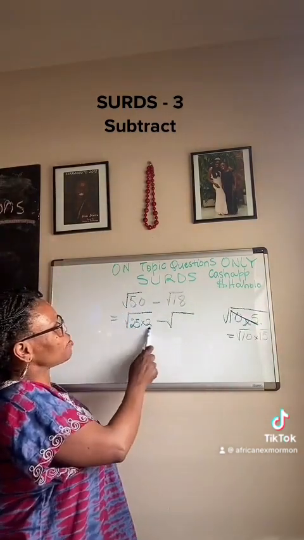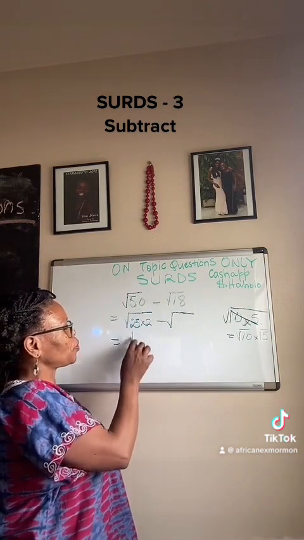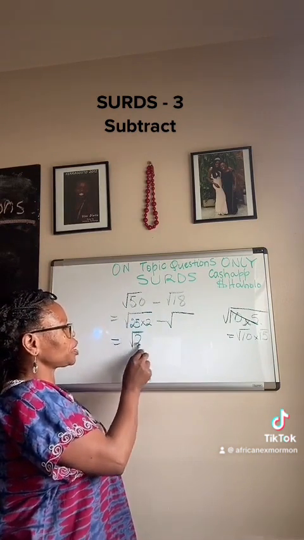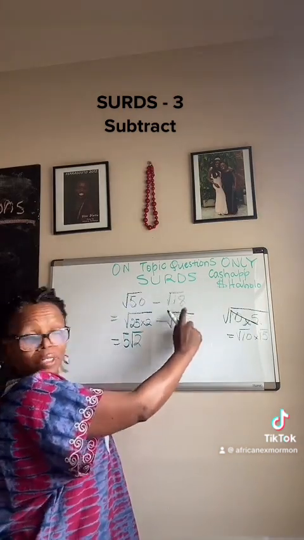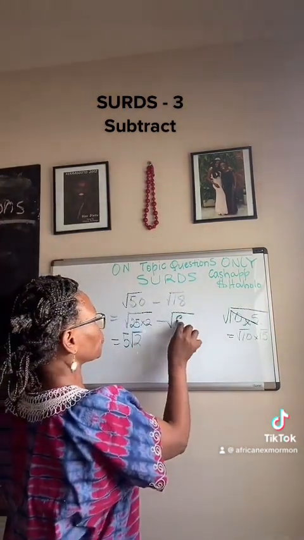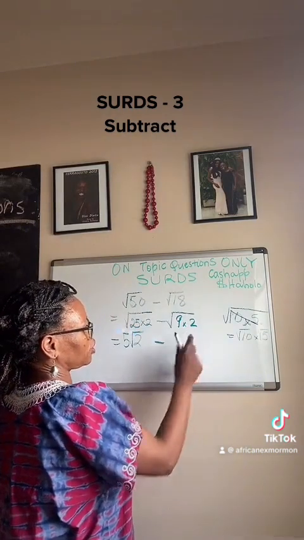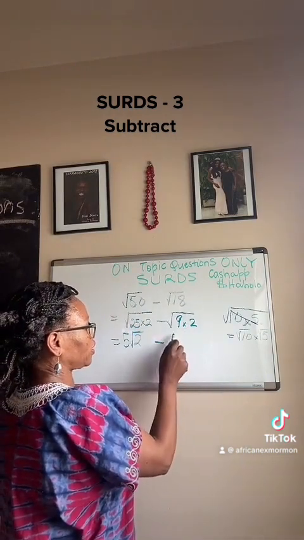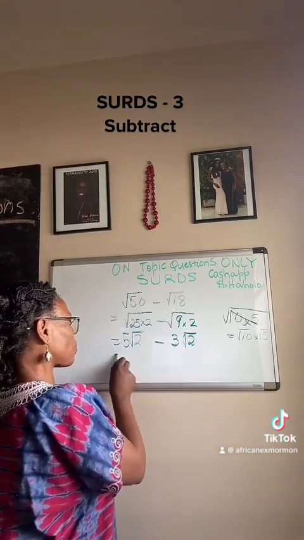If you said 25 and 2, we know the square root of 25 is 5. And what about 18? What did you get for 18? You had 9 and 2. Yes, these are a good pair. And you will say the square root of 9, that's 3 root 2.